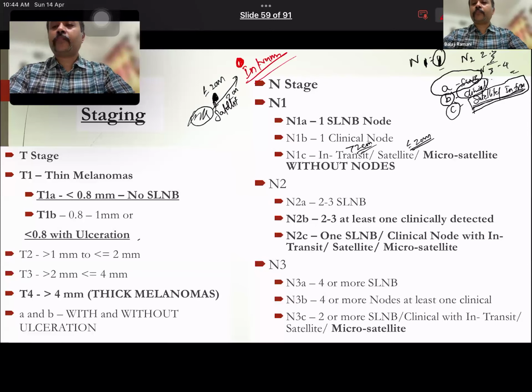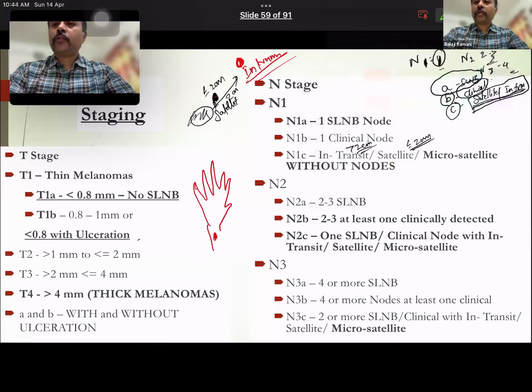Suppose we have the hand here, then you have a lesion here, and then you have another lesion here. Now, what will you call this lesion? If it is more than 2 centimeters, it should be called an in-transit lesion. Sometimes it can be more distal as well, especially in the extremities.